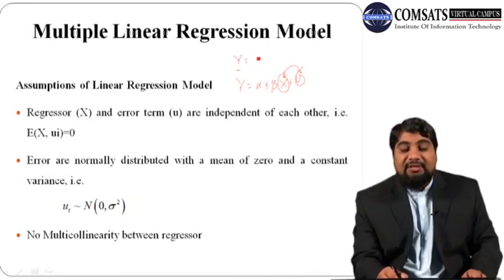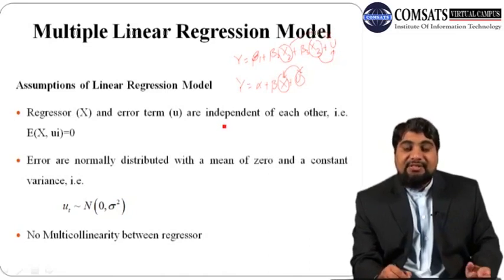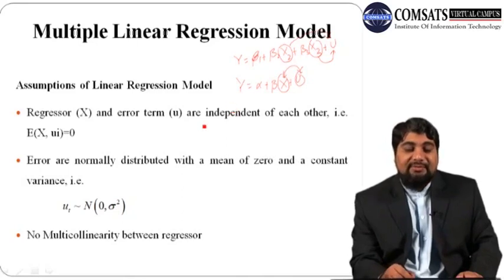And in case of multiple linear regression model, suppose we have beta 2 x2 plus beta 3 x3, two regressors, plus u, then x2 and u must be independent as well as x3 and u must be independent. So regressors must be independent from the error term. So in case of multiple regression model, all the regressors must be independent of the error term.